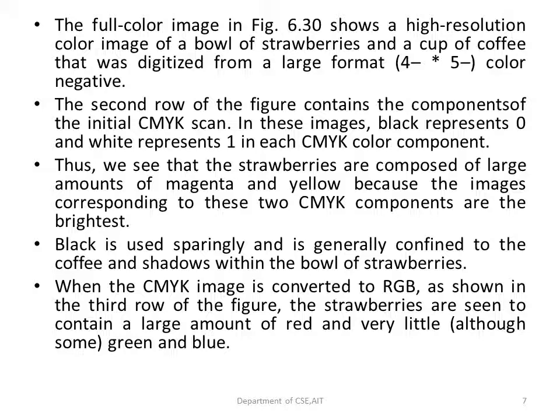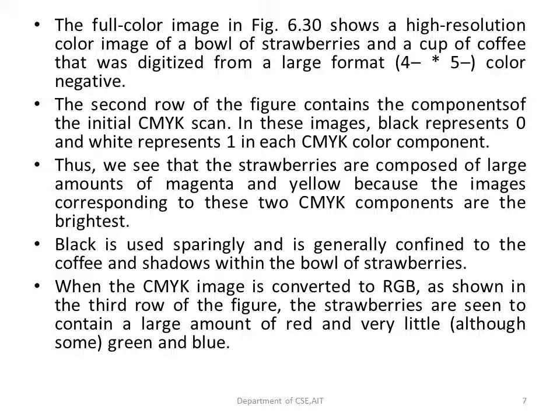When the CMYK image is converted to RGB, as shown here, the strawberries are seen to contain a large amount of red and very little green and blue, as is evident from the row consisting of the red, green and blue components.